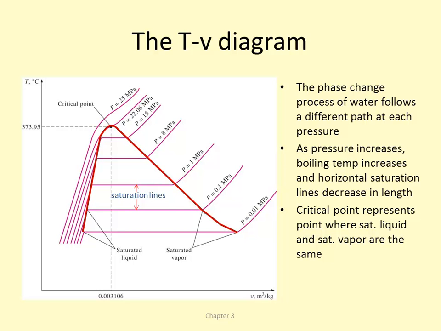The saturated liquid line delineates the liquid region from the saturated region, and the saturated vapor line delineates the vapor region, or the superheated vapor region, from the saturated region. So just remember what these diagrams look like and what these points represent, knowing that these may be lines of constant pressure on a TV diagram, but if you were looking at a PV diagram, they would be lines of constant temperature.